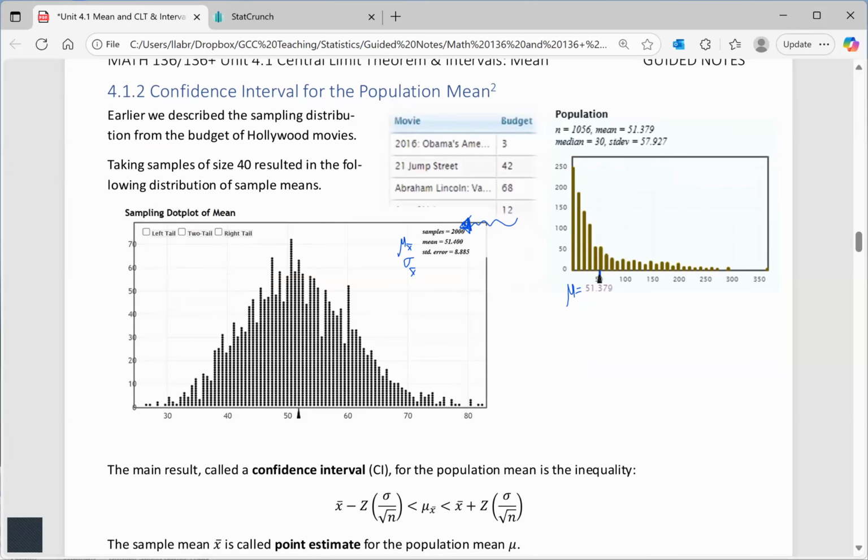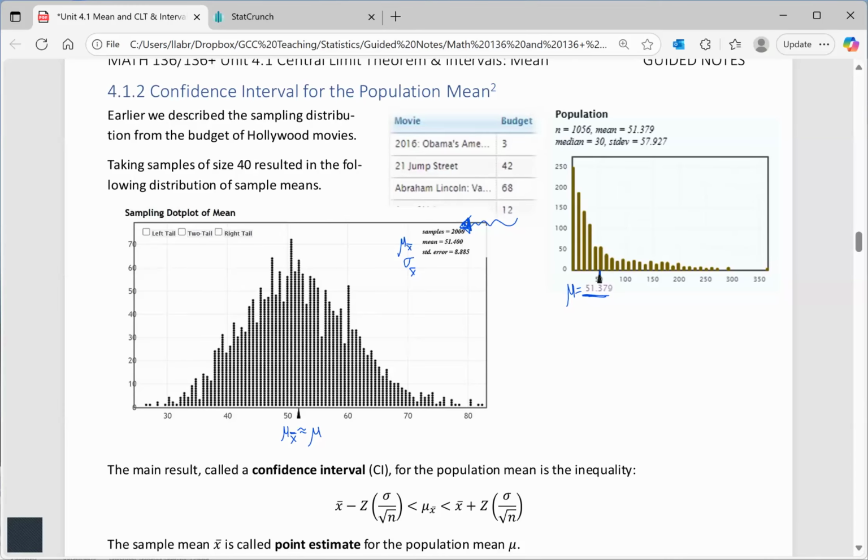So here we have the true center of my sample distribution, mu of x bar. And for all intents and purposes, the central limit theorem tells me that this equals the population center. So this value that I observe, 51, is very close to the center in this graphic. Now, we know that this is a normal distribution. It looks fairly normal.